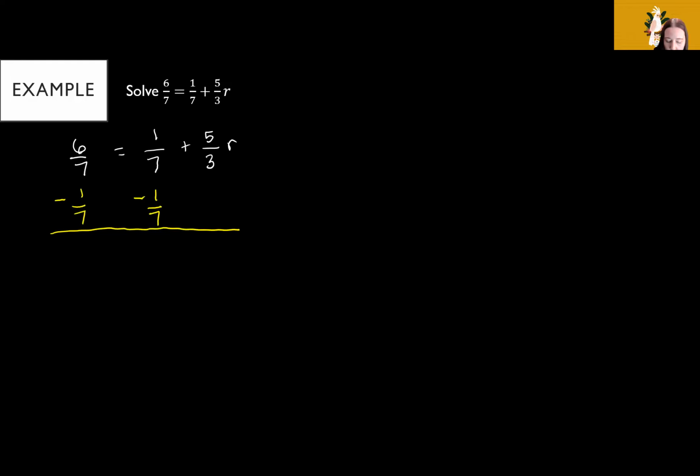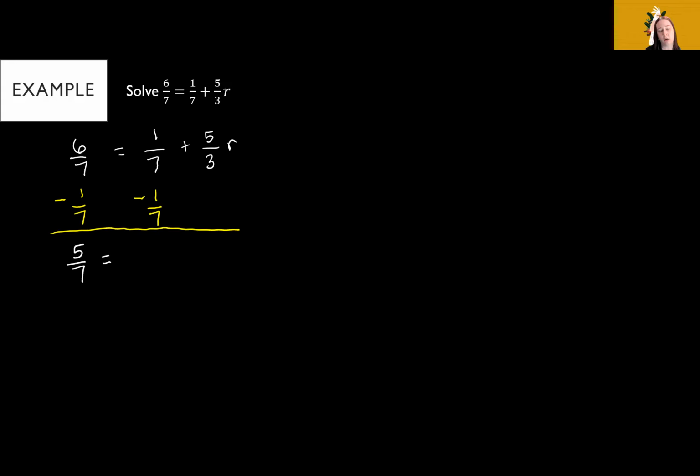And so in order to do this, you have to make sure that your fractions have a common denominator. So on the left, we have 6/7 minus 1/7. So there's a common denominator. So we can subtract 6 minus 1, which is 5, and we get 5/7. If there was not a common denominator, then you would have to get a common denominator to do the subtraction.